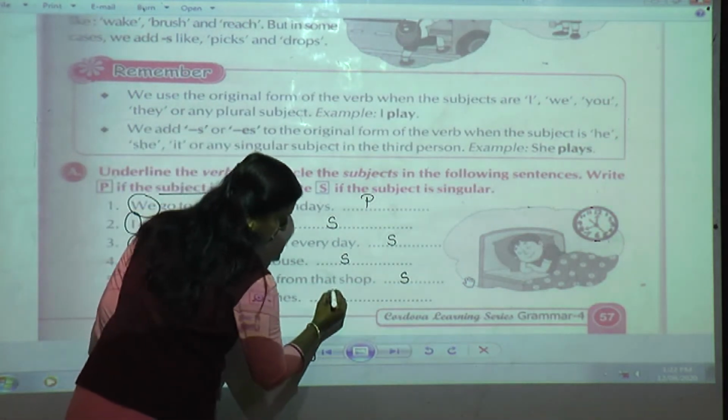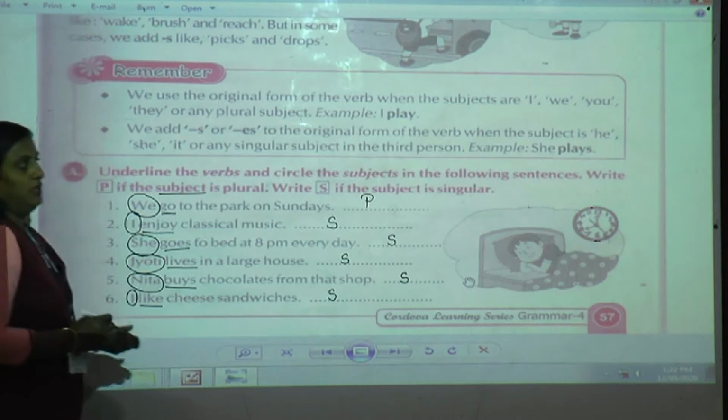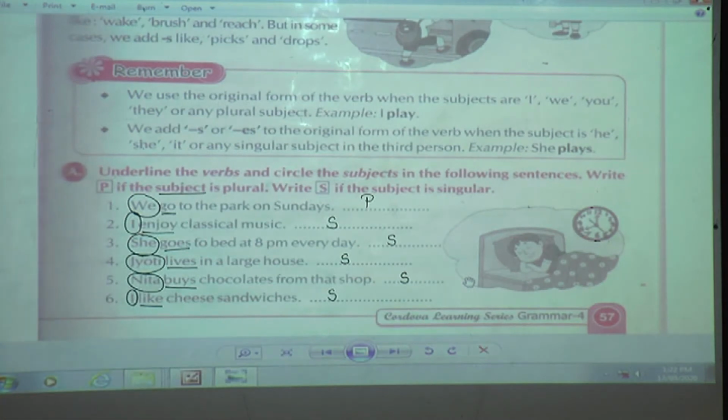Exactly. Again, the subject is singular. Done? It is very easy. So you can turn the page. Done? Check it out again. Okay, we'll move on to the next page.